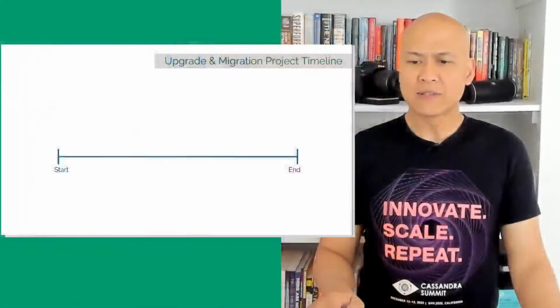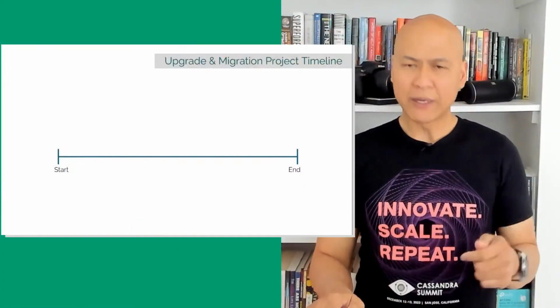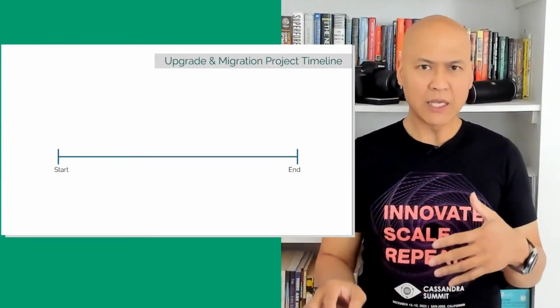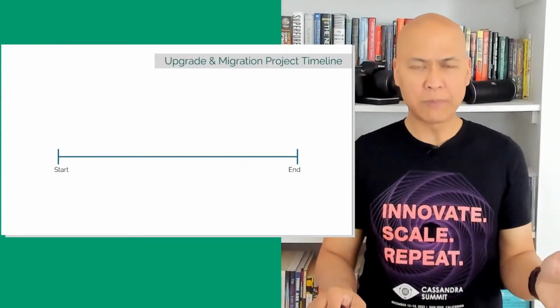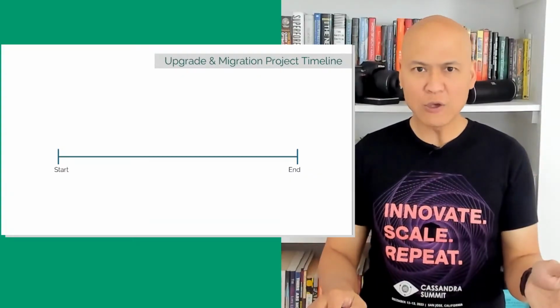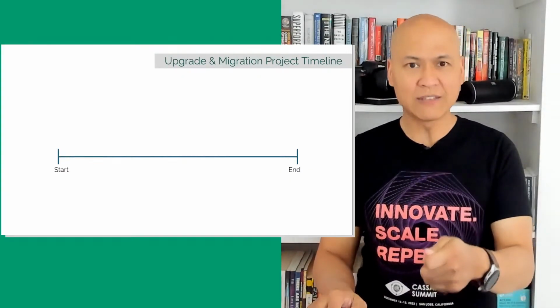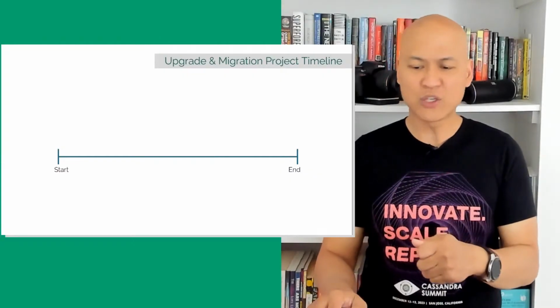Okay, and the way I look at this when it comes to upgrade and migration project timeline is you got the beginning and the end, meaning you have a current production environment. It's currently BAU, business as usual, and then you're getting started with an upgrade and migration project.